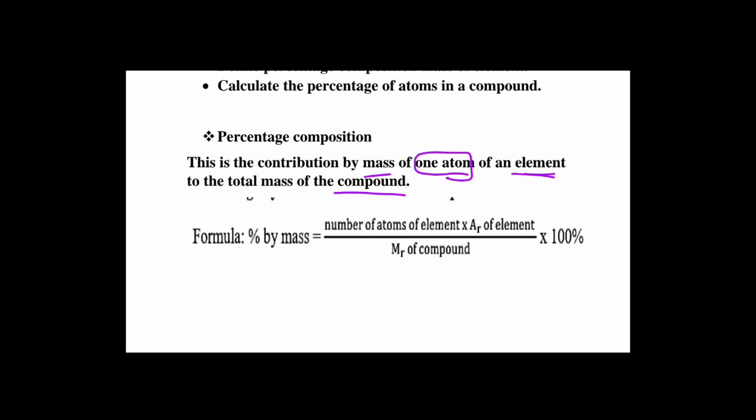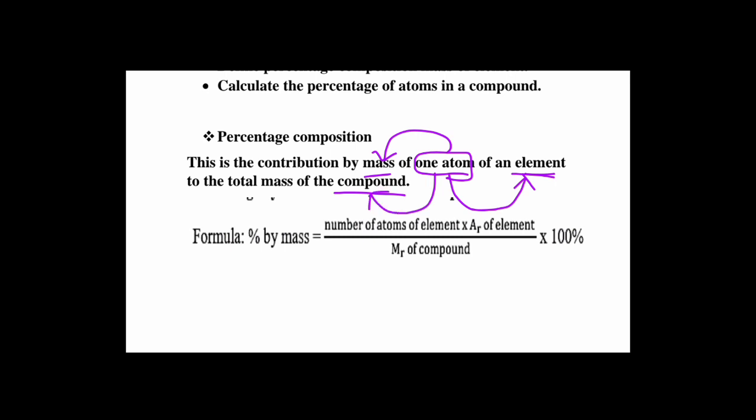We are talking about mass, that is a quantity. We are also talking about one atom, meaning we are saying this atom is going to have mass. This atom is going to be present in elements. And in compounds, we are going to have atoms.